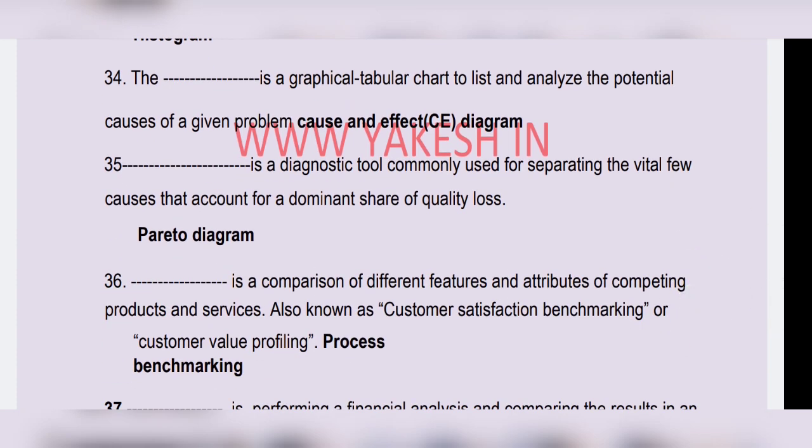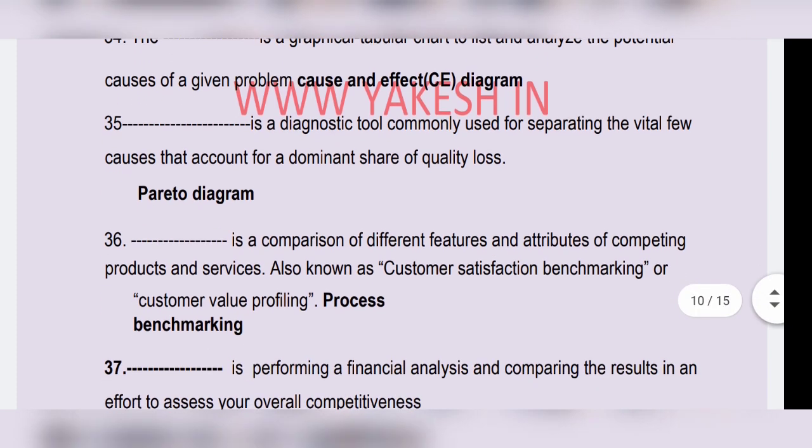The dash is a graphical tabular chart to list and analyze the potential causes of a given problem. Cause and effect, CE diagram. Dash is a diagnostic tool commonly used for separating the vital few that account for a dominant share of quality loss.